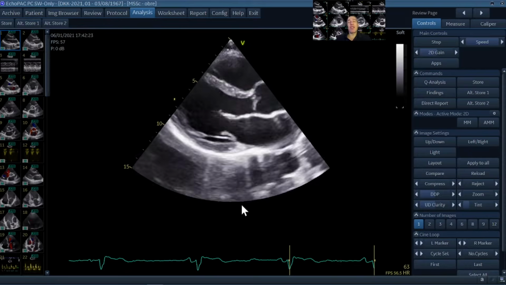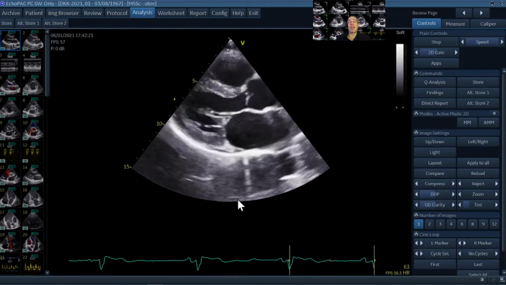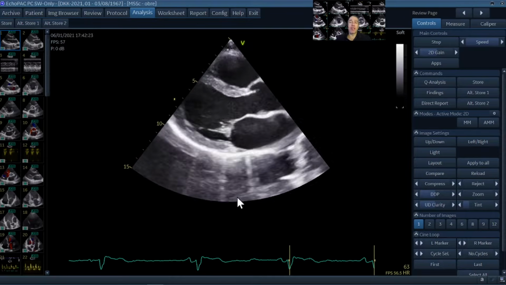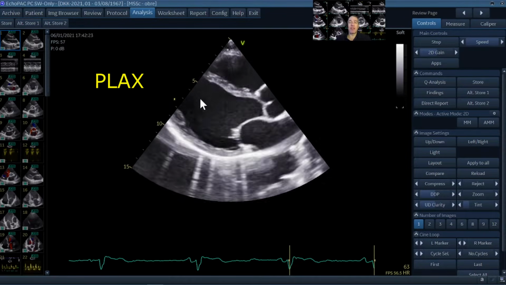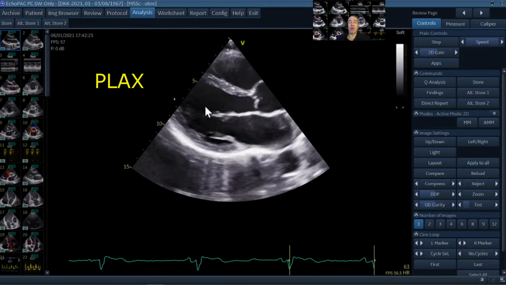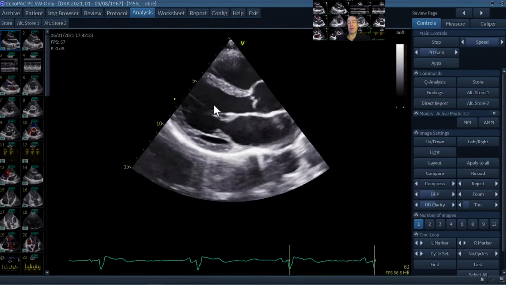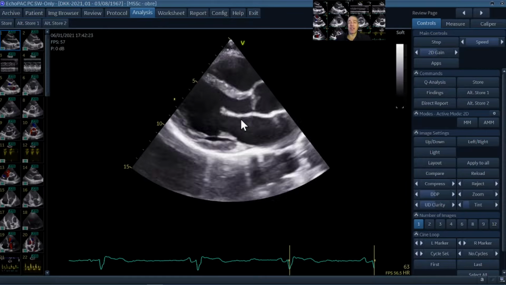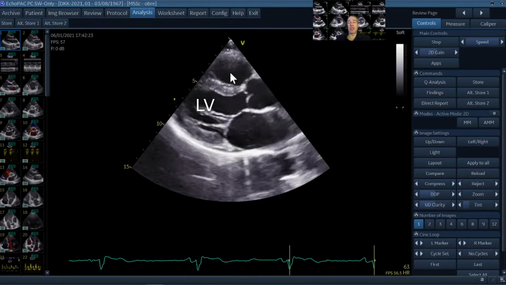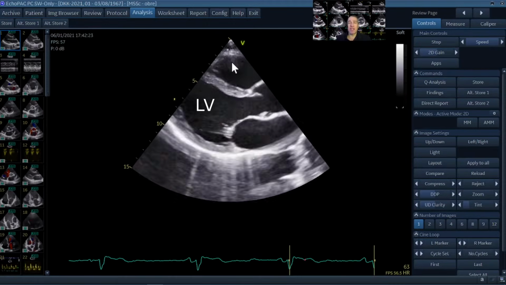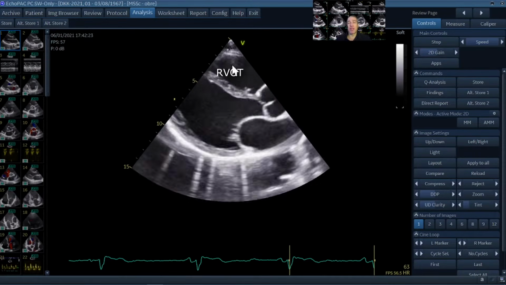Now what you see here is a very nice and good parasternal long axis view of the left ventricle. We have a good echo quality. We can clearly identify the different cardiac chambers. The left ventricle, here a part of the right ventricle, actually that's typically a part of the right ventricular outflow tract.